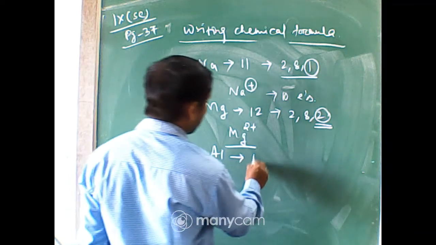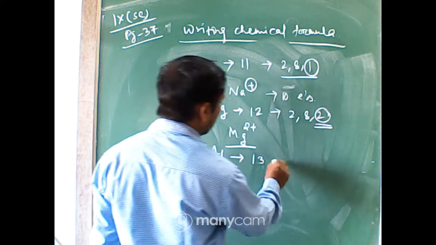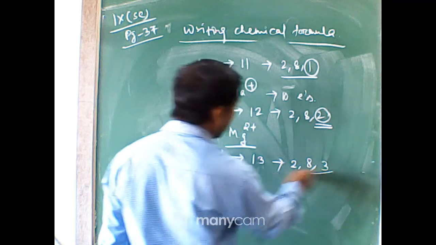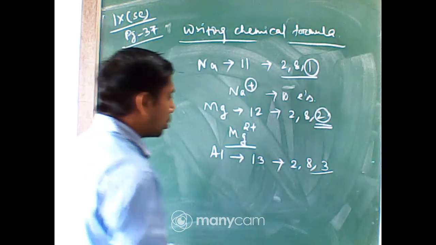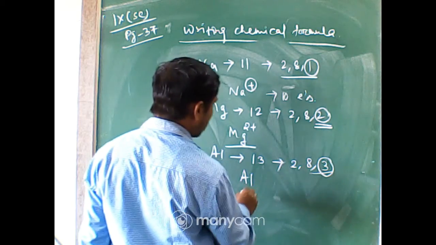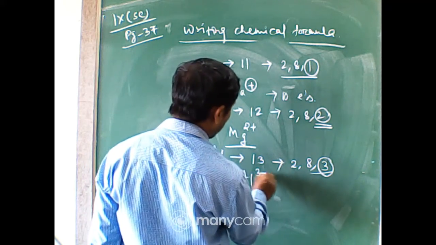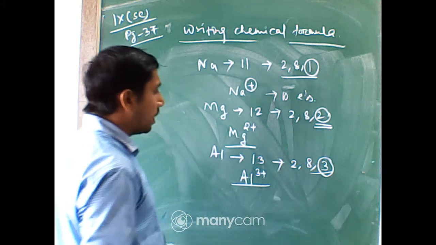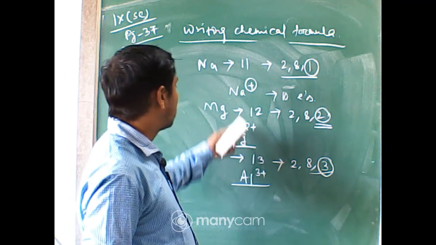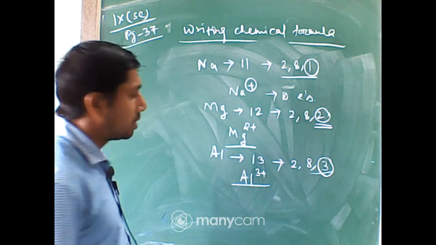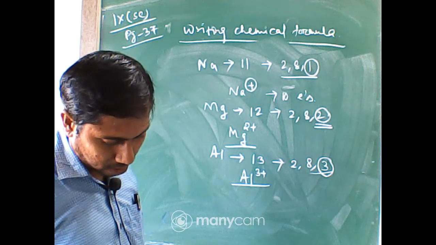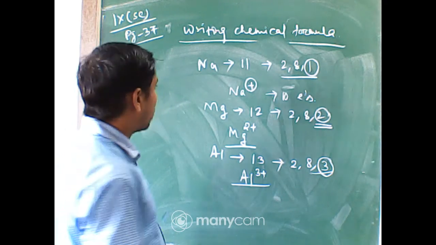Aluminium: its atomic number is 13, and if we distribute the electrons according to the shells, it becomes 2, 8, 3. So, the number of electrons in the last shell is 3. If it eliminates the 3 electrons, then it would be Al3 plus. So, aluminium 3 plus, magnesium 2 plus, sodium plus: these are the simply formed cations. Some more examples are, suppose silver.